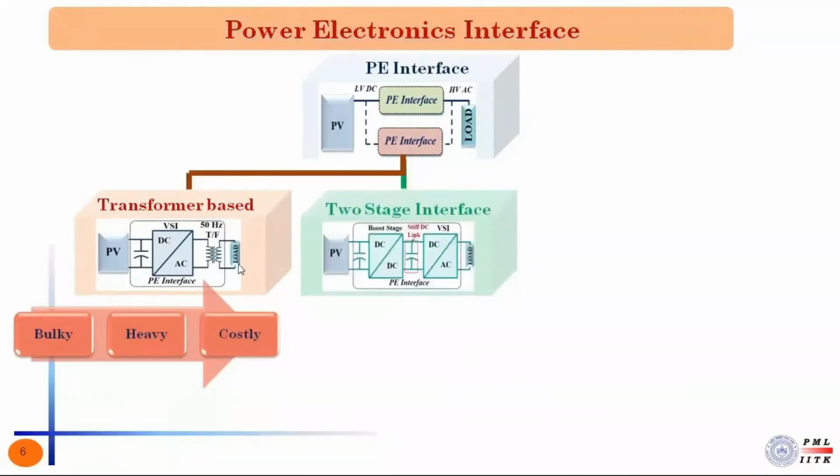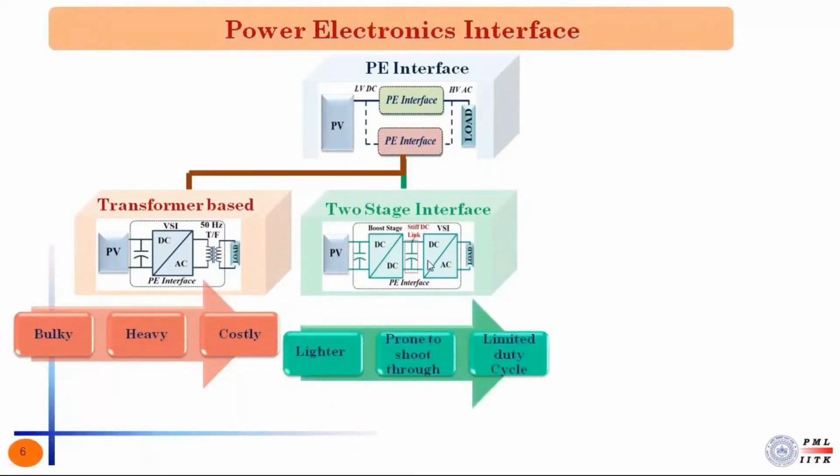Now, the second form here is a two-stage interface. Here, the use of low-frequency transformer is avoided by introducing a DC to DC boost stage at the input of the voltage source inverter. Now, this makes the system lighter. However, the drawback with this two-stage interface is it creates a stiff DC link at the input of the voltage source inverter.